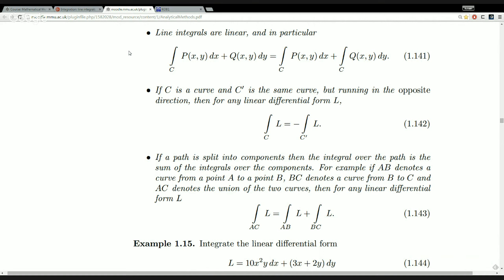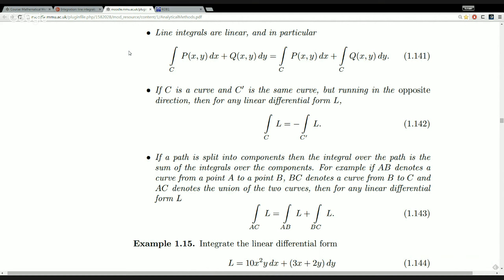And indeed, we're using the same start point and end point as before, going from the origin to the point 1, 1. But this time we're going along a different curve, A to D and D to B. So we've just got this other point D here, which is the point 1, 0.